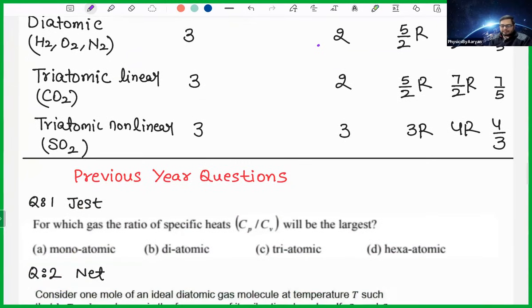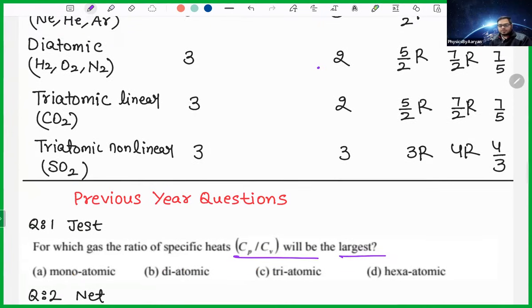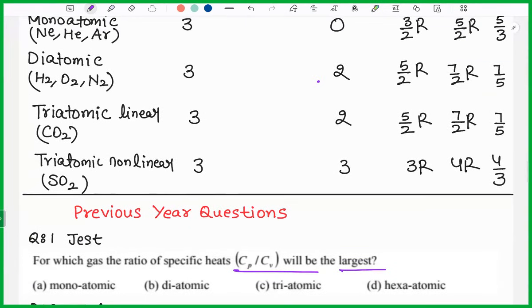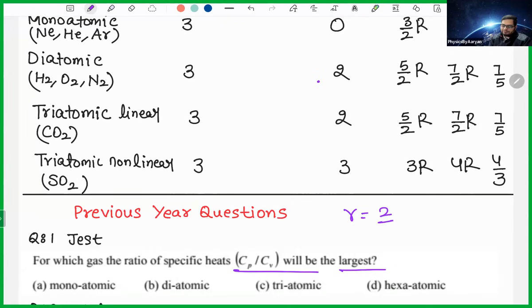For which of the gas is Cp by Cv largest? Monatomic, diatomic, triatomic, hexaatomic? Monatomic. Yes, everyone. You can check this. Also you can see gamma is given by 2 by F plus 1.